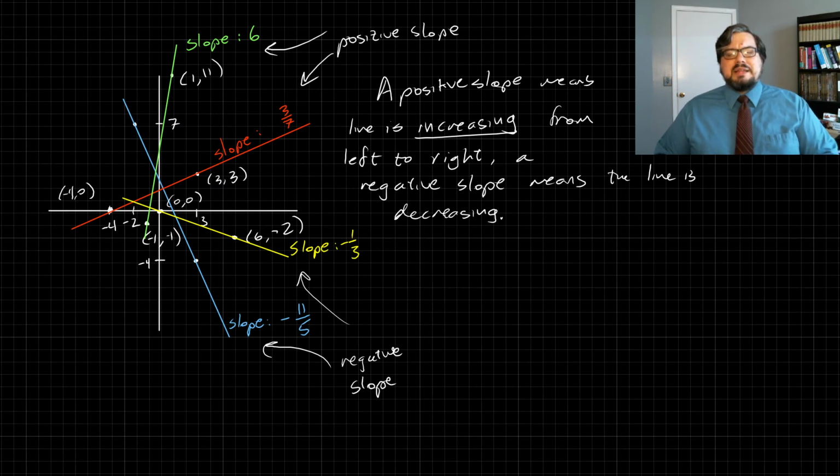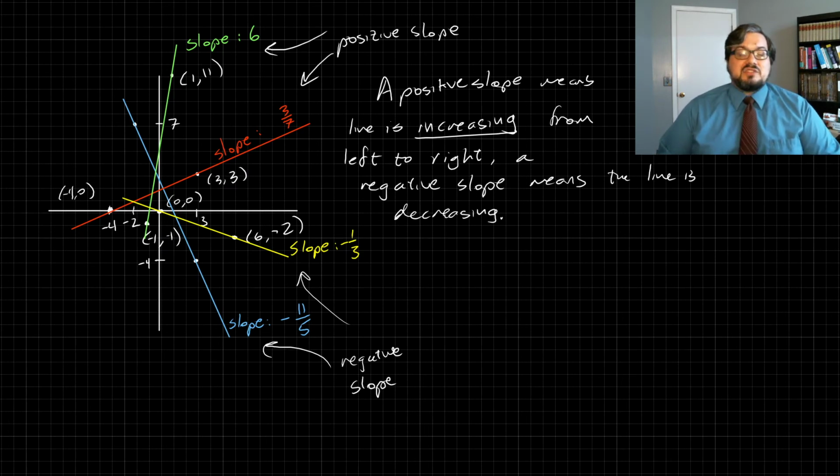So just from looking at the lines with positive slope, it looks like a greater slope corresponds to a steeper line. And this is almost true, but we need to be a little bit careful. To see why we need to be careful, let's look at the negative sloped lines now.